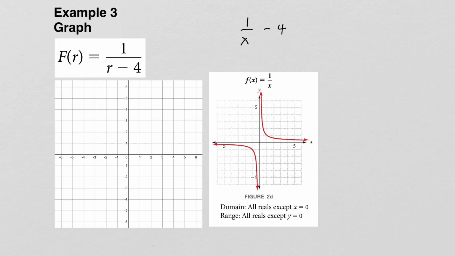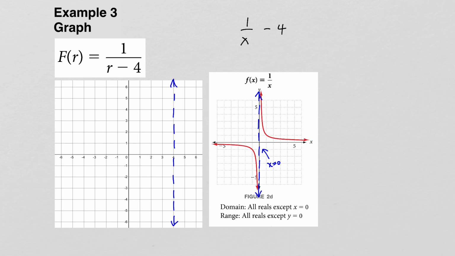Now, if you look at your graph of 1 over x, we have what's called an asymptote here. In other words, this is a vertical line that cannot be crossed, and that occurs at x equals 0. Well, that asymptote is now going to be shifted 4 units to the right, because again, everything on this graph gets shifted 4 units to the right.